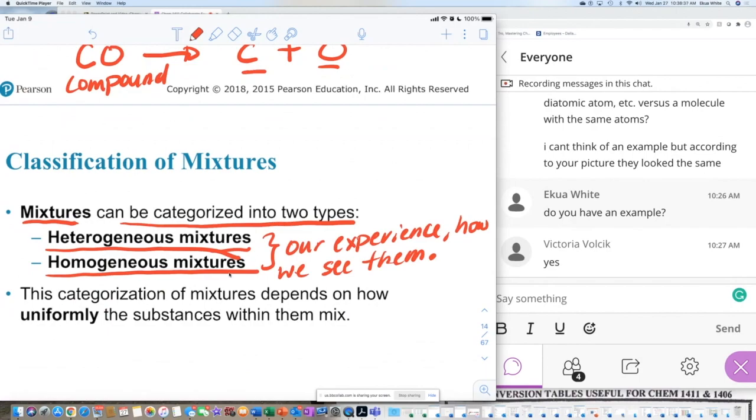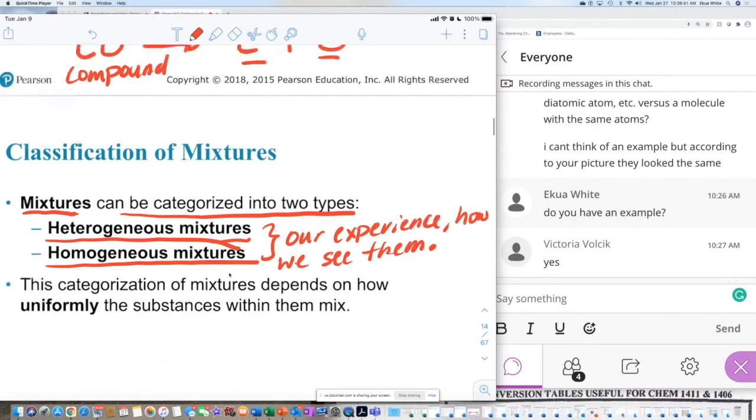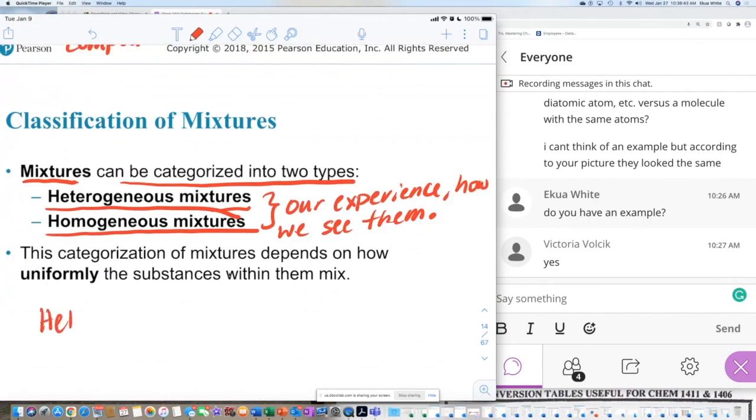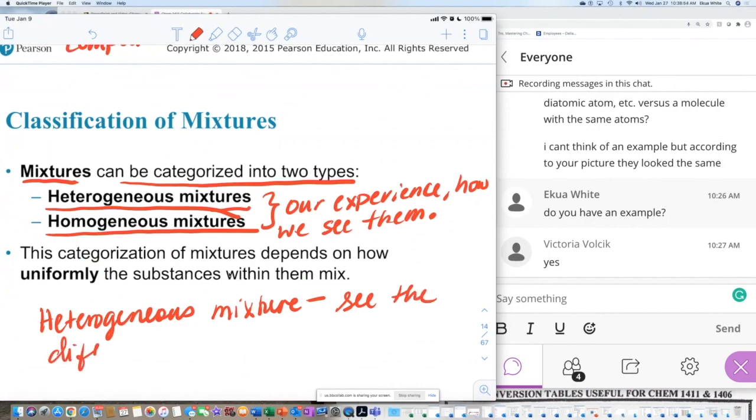Okay? With a heterogeneous mixture, you can visually see the difference. So heterogeneous mixture, you see the difference. Okay?